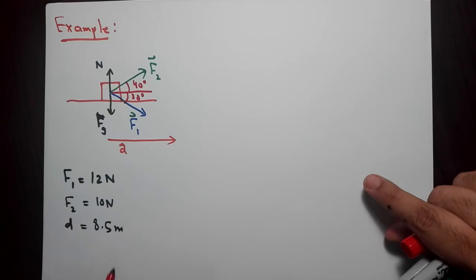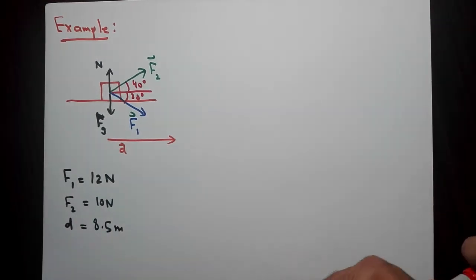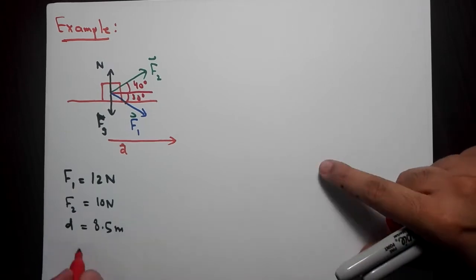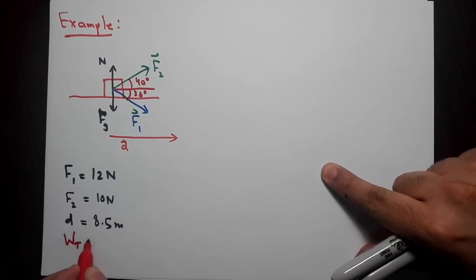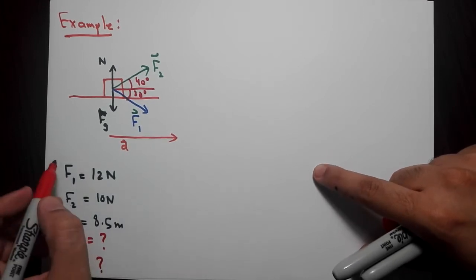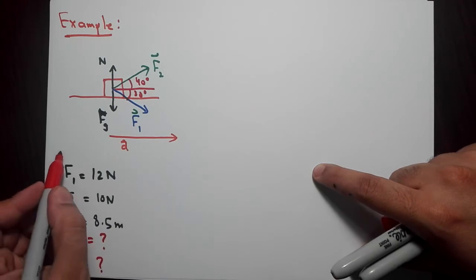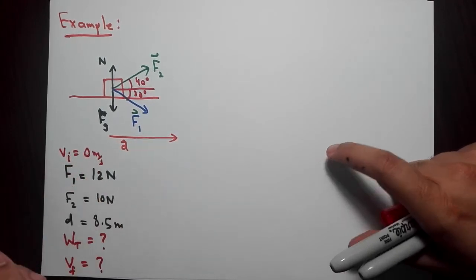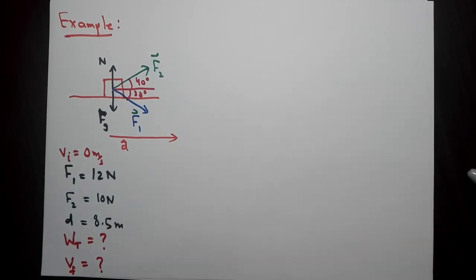This is all the information we have. What we need to find is the total work done by all these forces on the block, and we also need to find the velocity. And also it's given that the block starts from rest, which means that the initial velocity of the block is 0.